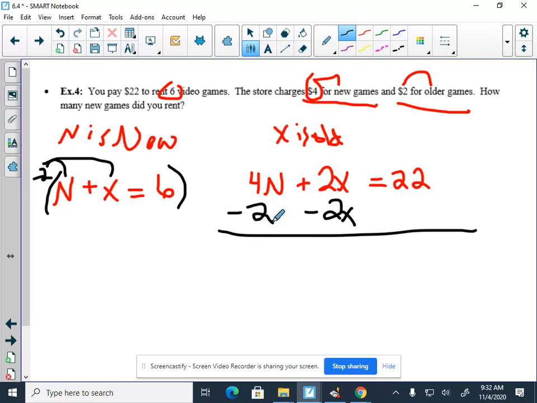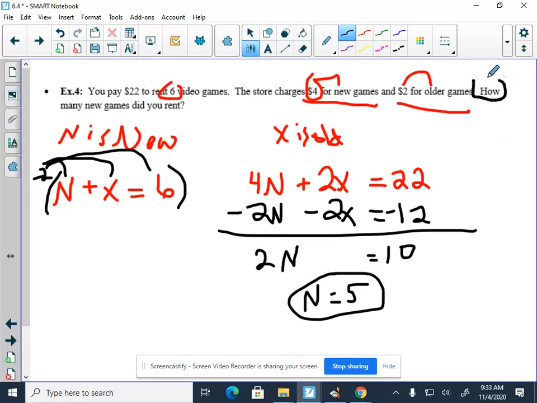Doesn't get rid of the n, but that's okay. We only want to get rid of 1. -2 times 6 is -12. And this becomes 2n equals 10. We divide by 2, and n is 5.